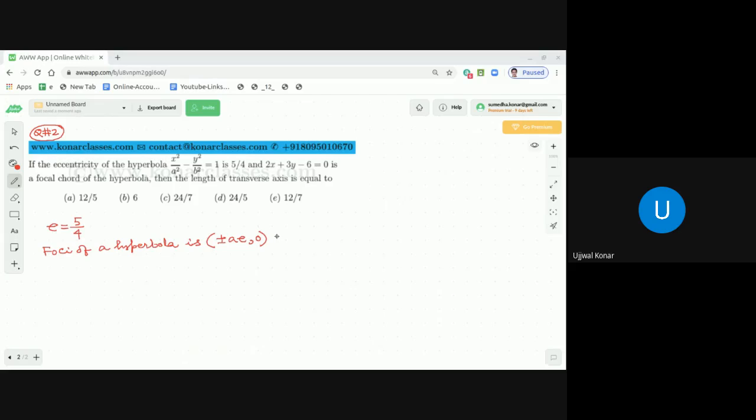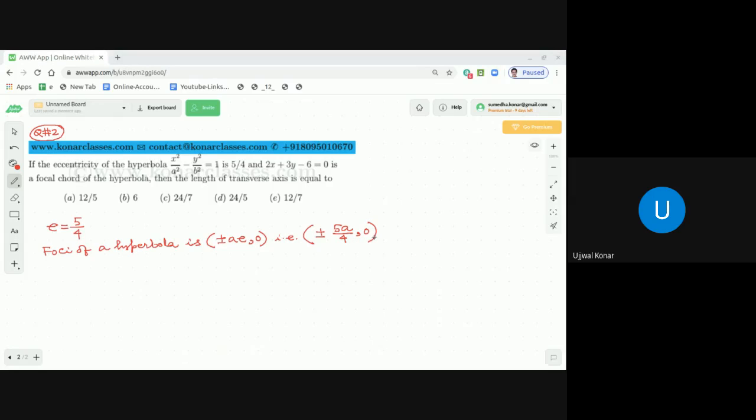That means if we take the value of e as 5 by 4, we get the foci equal to plus minus 5a by 4, comma 0.